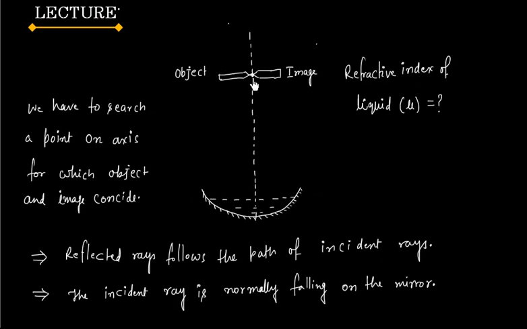So let us see what is happening here. We have an incident ray, and this incident ray is normally falling on this mirror. We can make another diagram. Let us make the liquid level slightly more so that we can show the ray clearly.